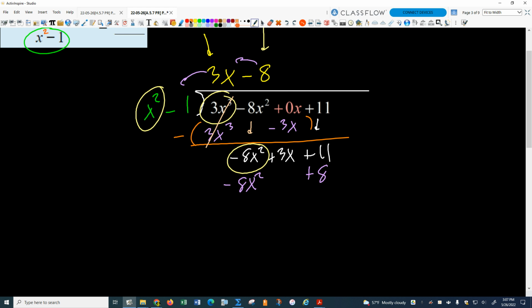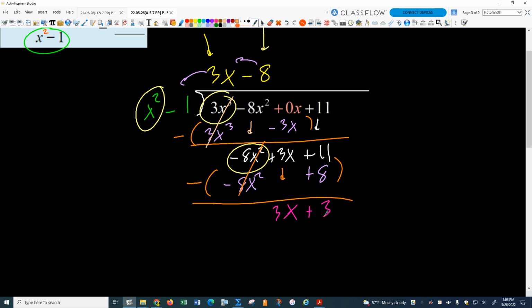And then I subtract. Well, look what happens. Those guys cancel. I can bring the 3x down. 11 minus 8 is 3. And now, can I go any further? X squared times what is 3x?